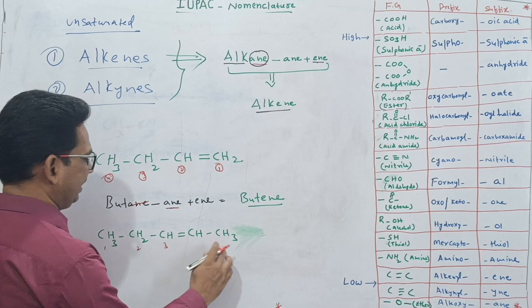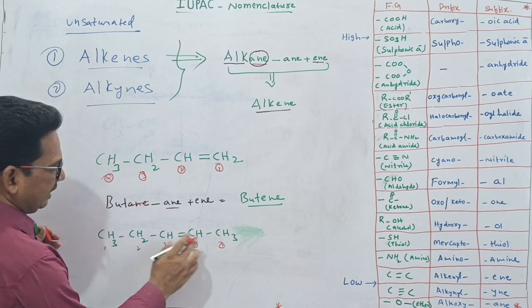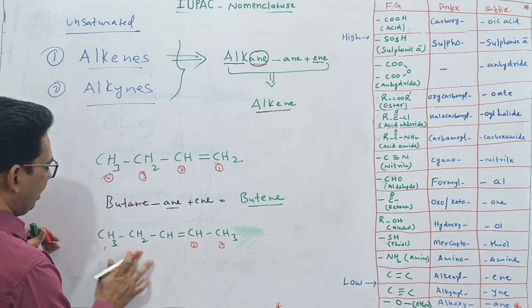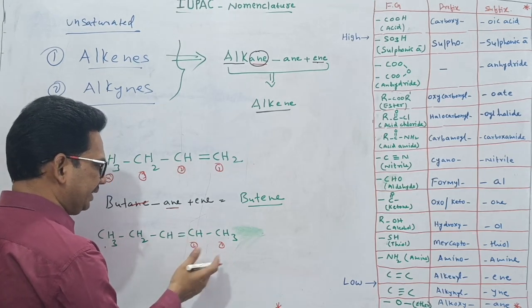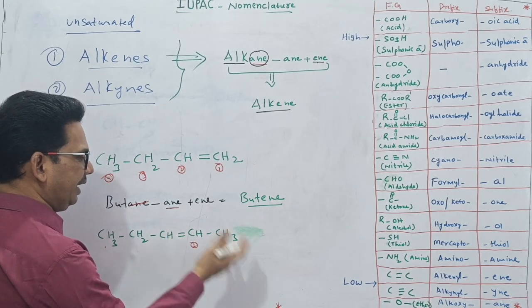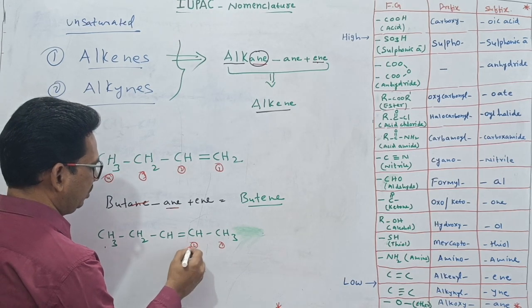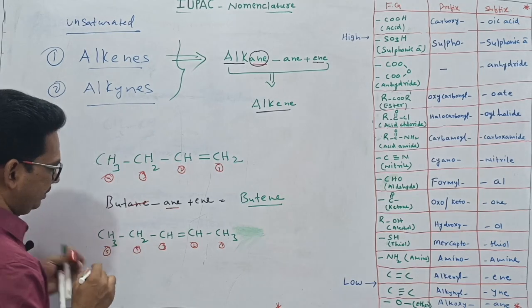If I give from this side, 1, 2, it gets the lowest number. That's why you have to give the numbering from the end which is nearer to the double bond. Okay. That's why 1, 2, 3, 4 and 5.